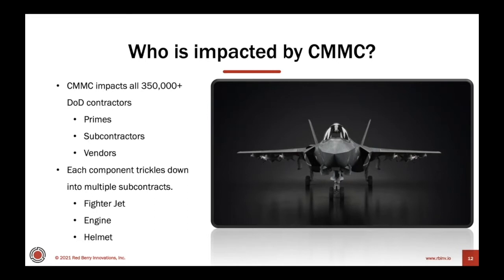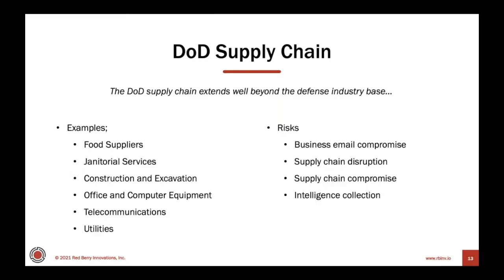The Department of Defense supply chain is far broader than the defense industrial base. We tend to think of the big ticket items like submarines and fighter jets. The basic services needed for operations are also part of the supply chain. This includes food, fuel, utilities, construction, and other necessities. The risks to these parts of the supply chain are just as real and just as dire to overall operational readiness. The DoD supply chain is much broader than the defense industrial base, as we're saying.